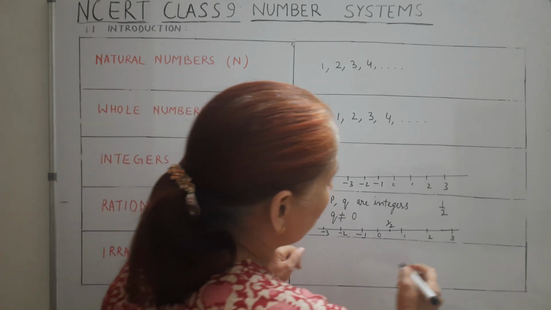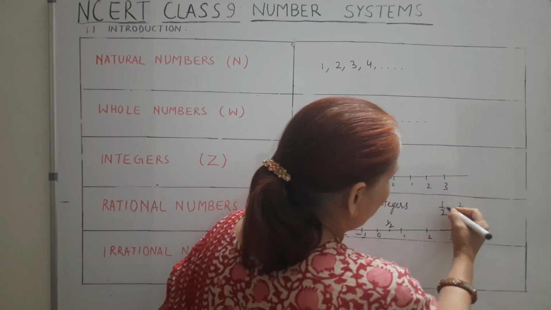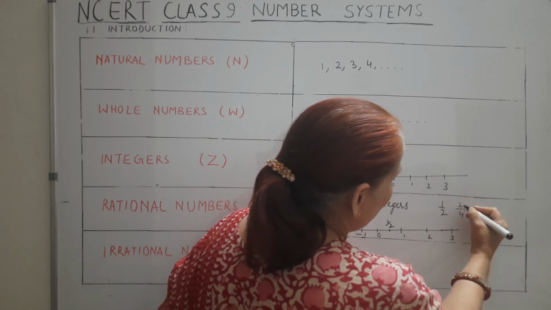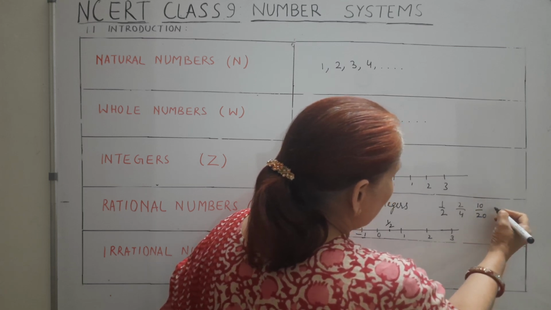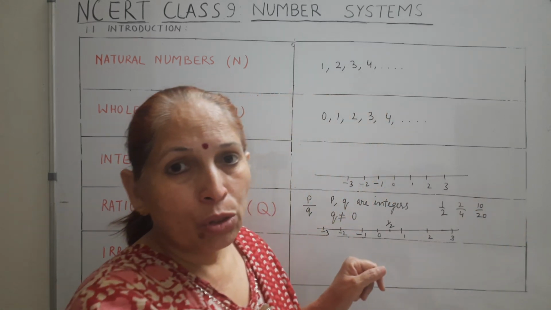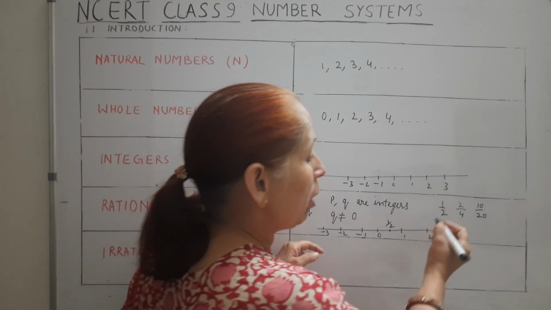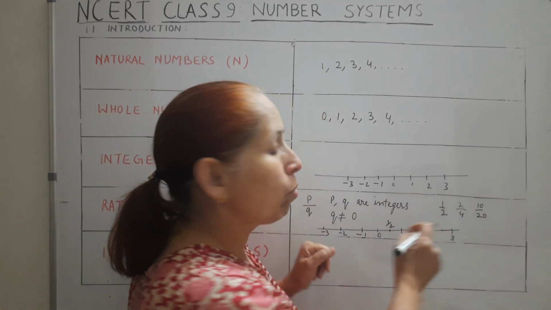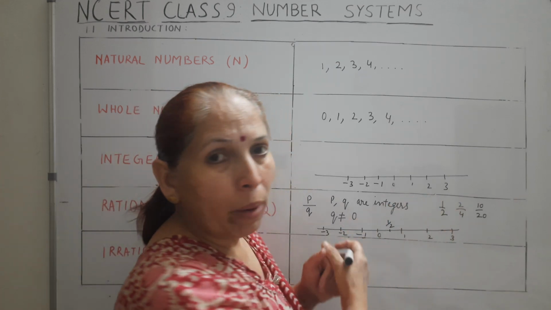Now suppose we have 1/2, we have 2/4, we have 10/20 and so on. So how will we represent them on the number line? सबसे पहले हमें क्या देखना है कि it should be in the form of p by q. Second, they should be co-prime.